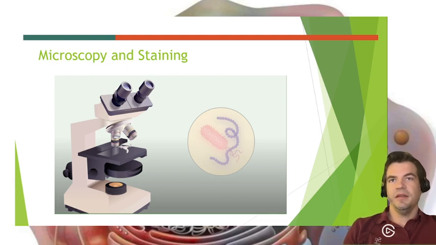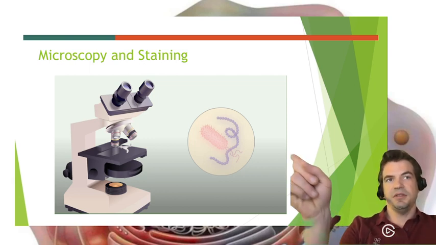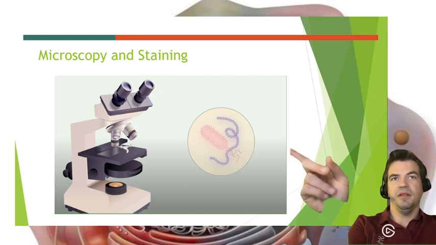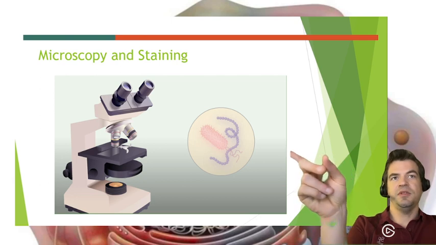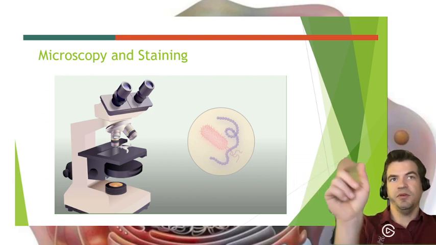This is part of microscopy and staining, and just like we see over here, we want to be able to tell that that is a gram-negative bacillus with two flagella at the end. That's like a tuft of flagella, those like Lophotrichous.